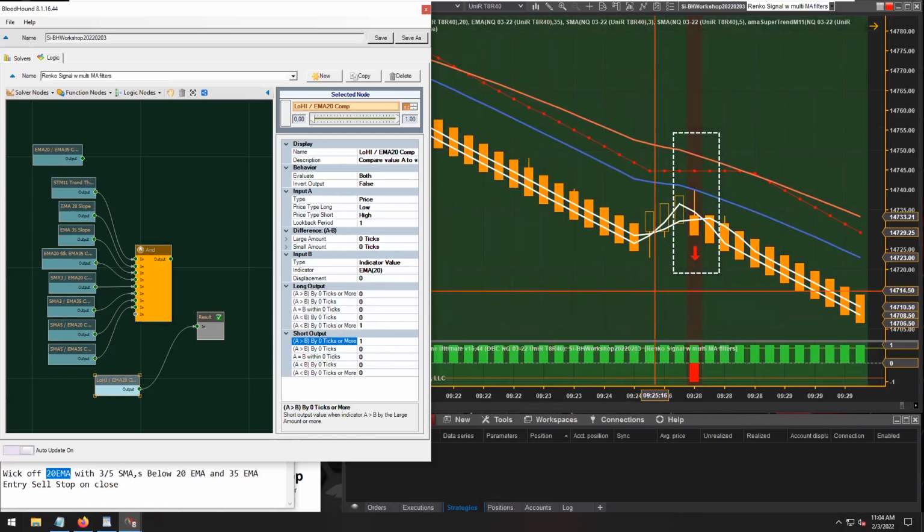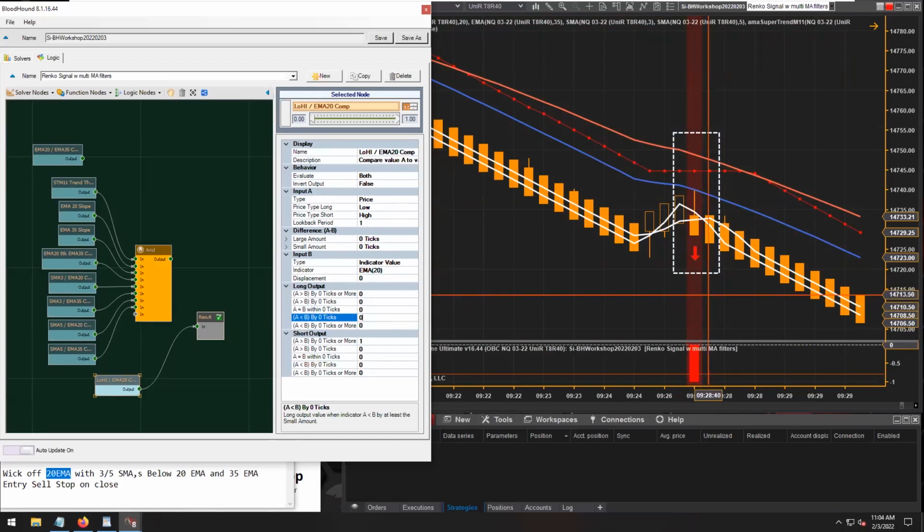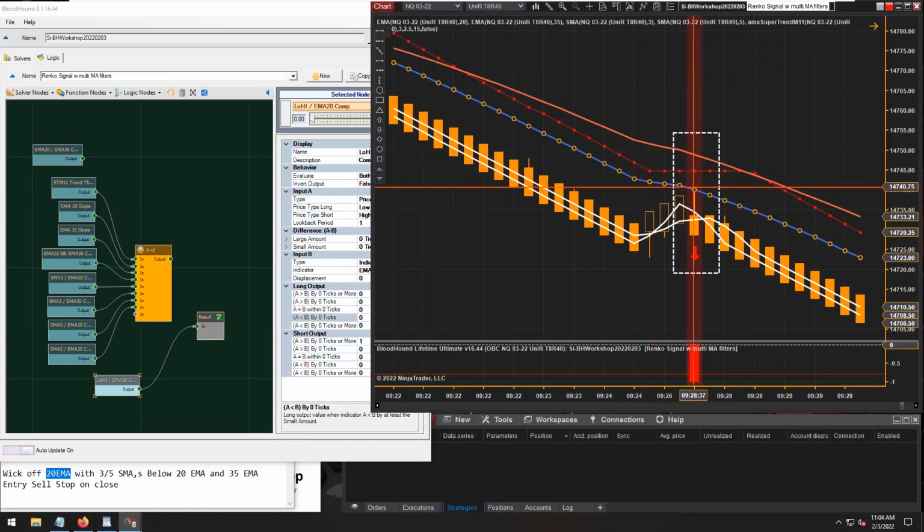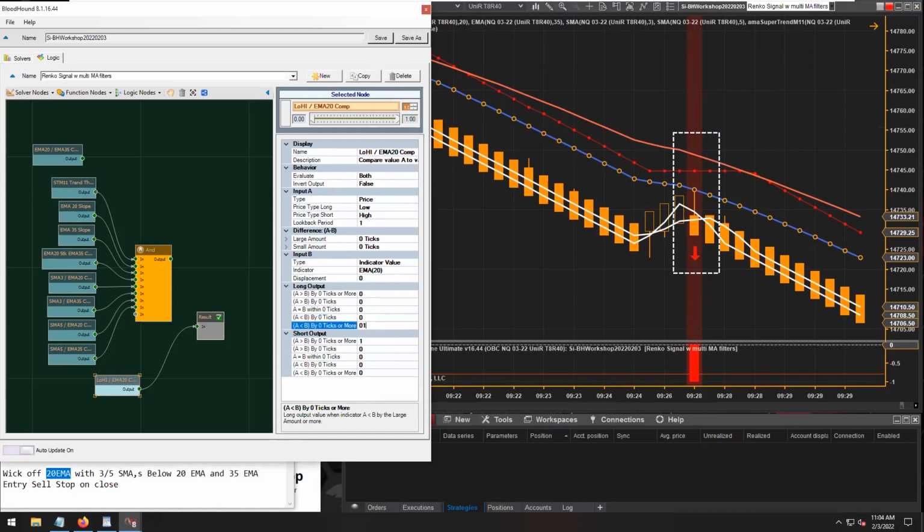So there we go. Actually, let me turn the long outputs off first. Now we can see the high is just a fraction above the EMA 20, and we're getting a short output there. So we know that's correct. Now let's turn the long output back on.